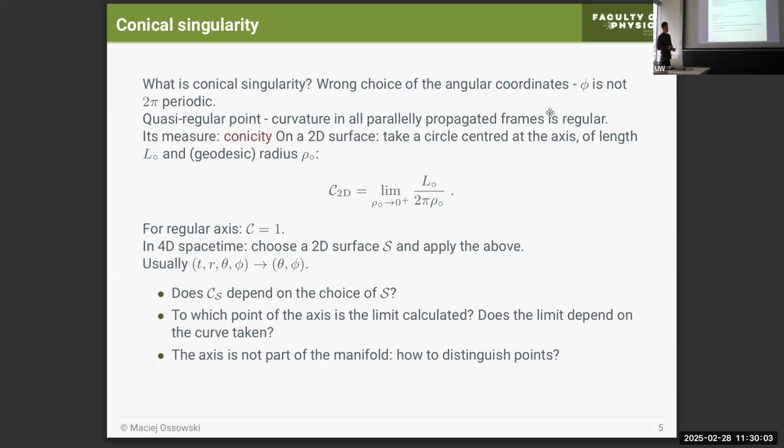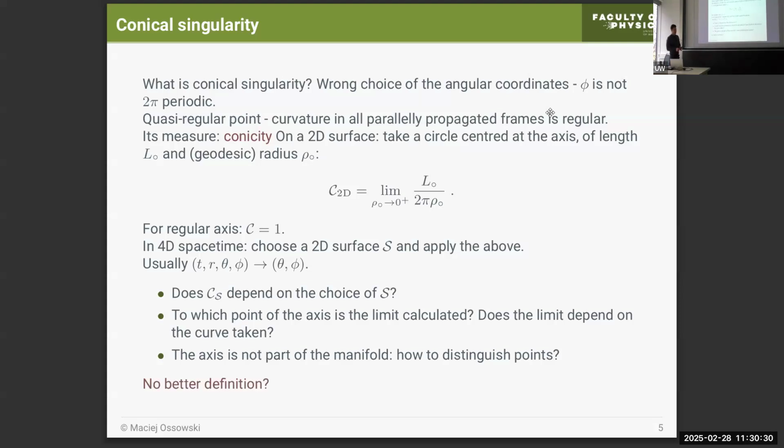Because on a two-dimensional surface, the axis is a point. However, in spacetime, the regular axis was a two-dimensional surface. Does this limit depend on the curve taken? And actually, how do we even distinguish points on the axis if the axis is not a regular part of your manifold? Because, as I said, we have a singularity there.